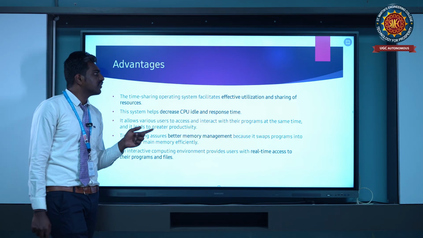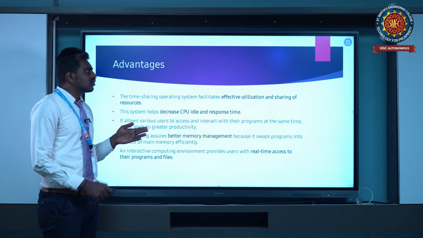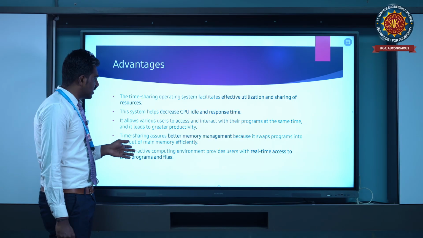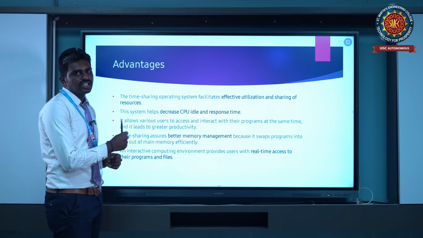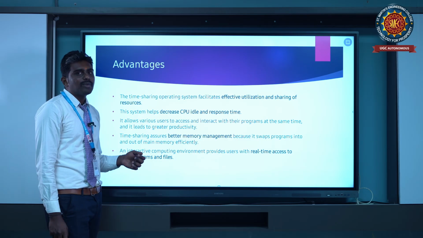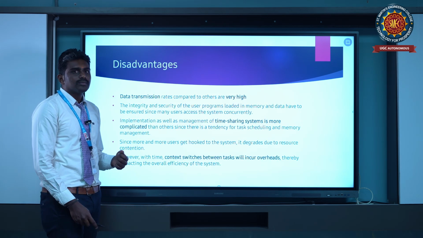The advantages of time sharing are effective utilization of the resource and sharing the resource equally. So this is the major advantage, and better memory management. It is one of the best advantages of the time sharing system. Better memory management and real time access to program files is also possible.